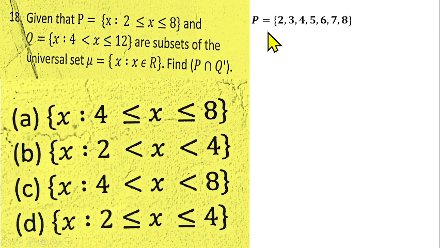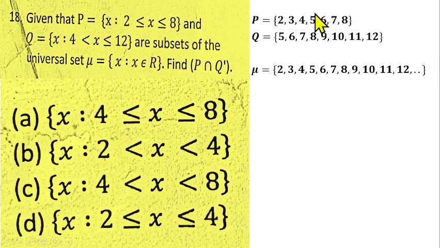So for set P, we have the elements from 2 to 8. Then for set Q, we have the elements from 5 to 12. Then the universal set will be the combination of these elements without repetition. So from there, we need to get Q complement.